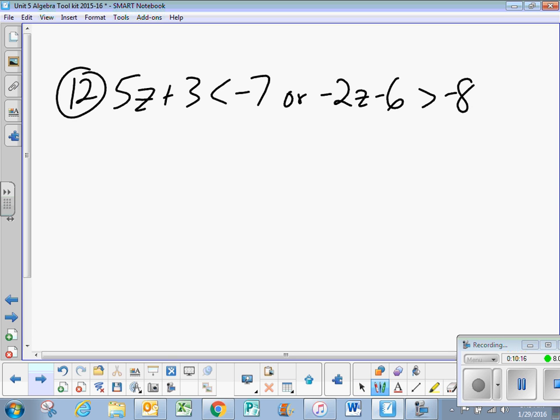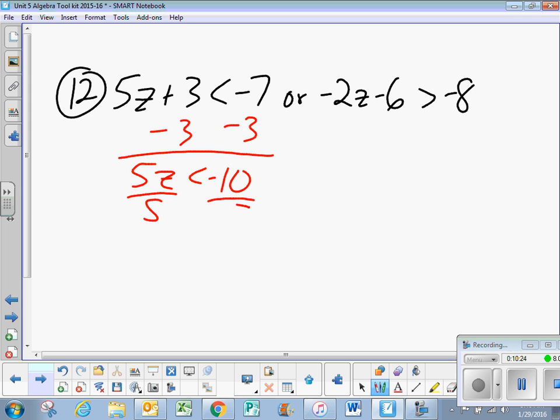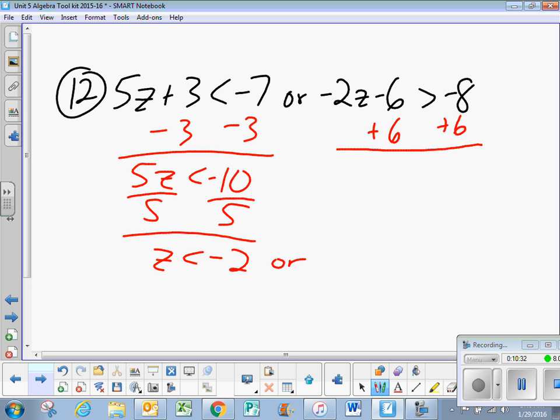We're almost ready to start venturing into the rest of the problem. Subtract 3 from both sides, so we get that right there. Divide by 5, and we get z is less than -2. Or add 6. Add 6. -2z is greater than -2. Divide by -2. Oh, I have to reverse the inequality.